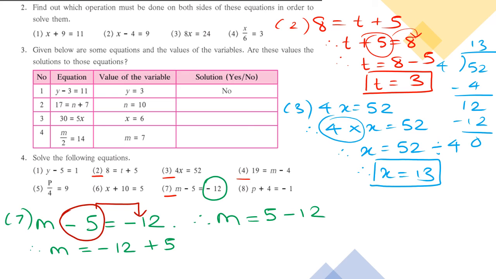Then if you are confused, what you do is plot a number line, entirely rough number line, mark a 0 anywhere, write minus 12 and write 5. So what you are doing is taking, wait, let me show you.